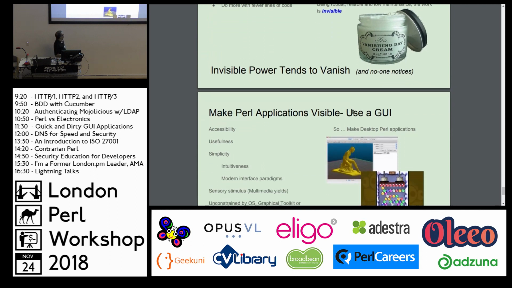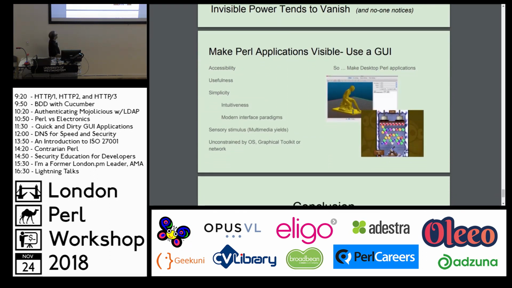So I would suggest that we need to make applications visible. We need to use a GUI. It makes your application accessible for other people. It makes it useful. It makes it intuitive. And you need to make it unconstrained. You don't have to use GUI De Fate. You can use your cleverer guys, so you can make things better. But powerful Perl applications already exist.